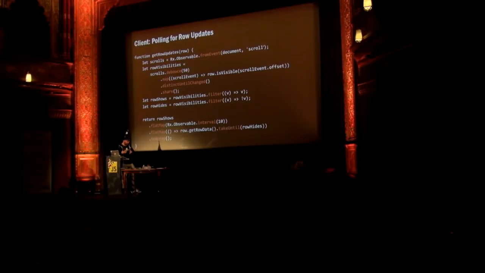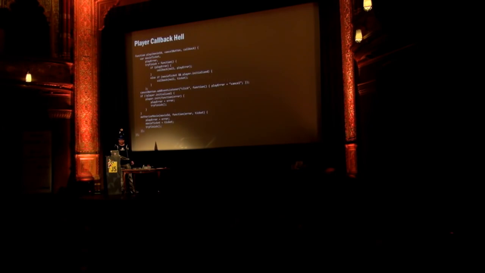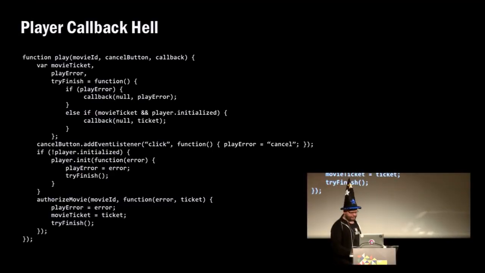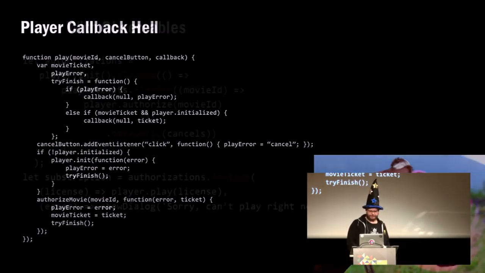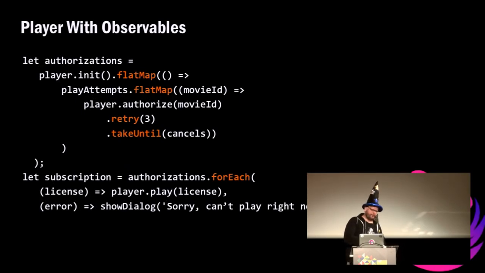This is some Netflix code that they actually use today in terms of how they handle a lot of this complex user interface design. And the player itself, like I said, you could design it with callback hell, which is what they originally had, which ended up with this cowhead. But with observables, we have a very, very simple approach.